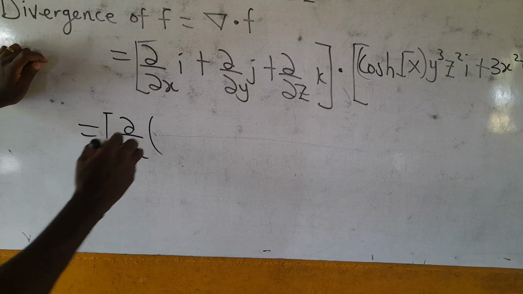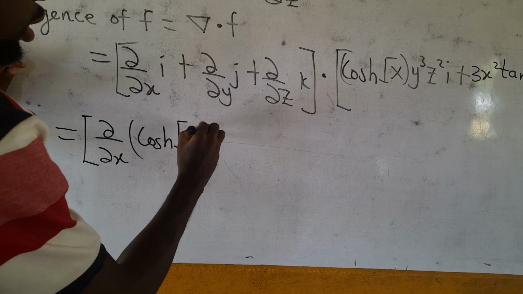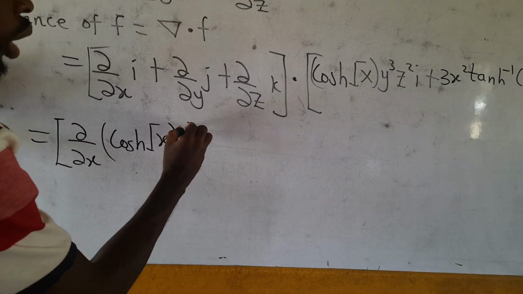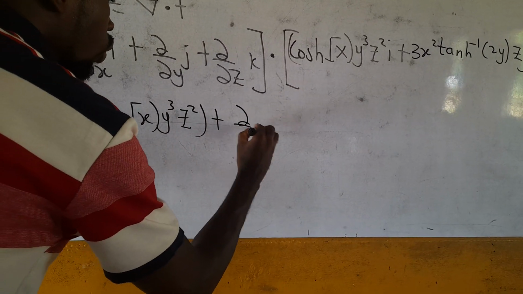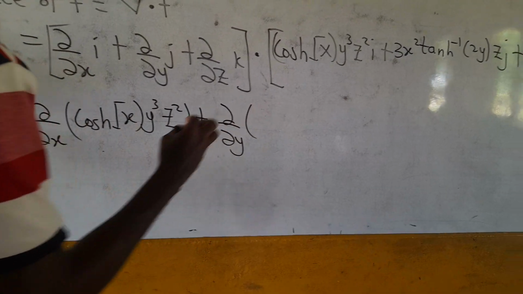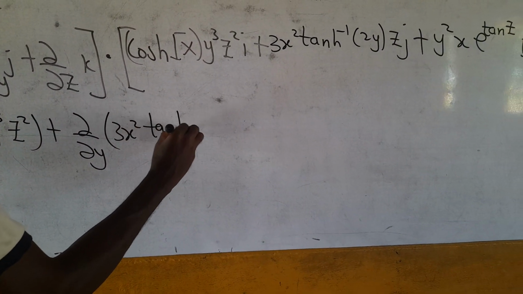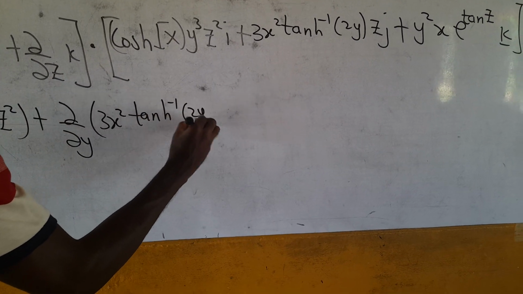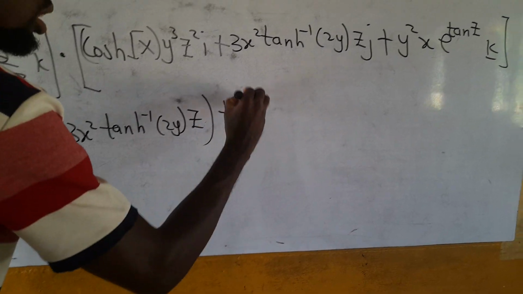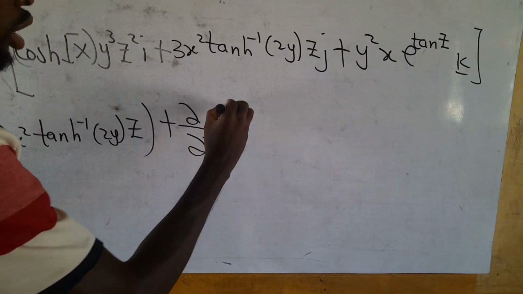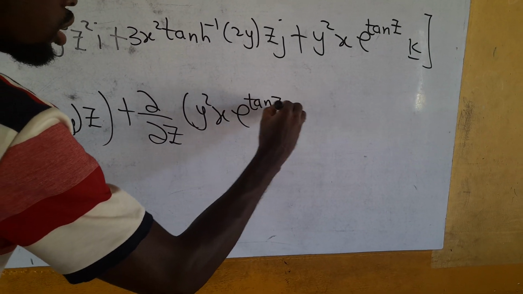So ∂/∂x of cos inverse of x, y cubed z square, then plus ∂/∂y of 3x square tan inverse of 2y, then z, then plus ∂/∂z of y square x e exponent tan z. I hope you get that.